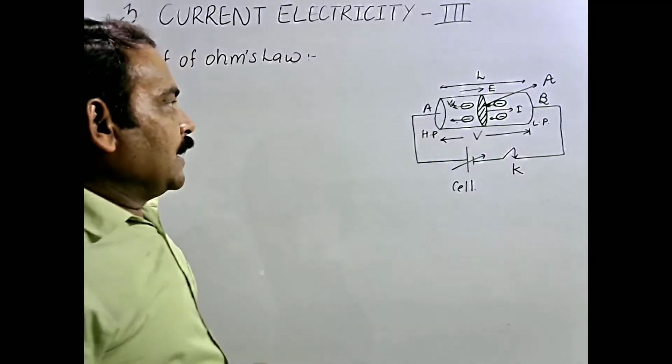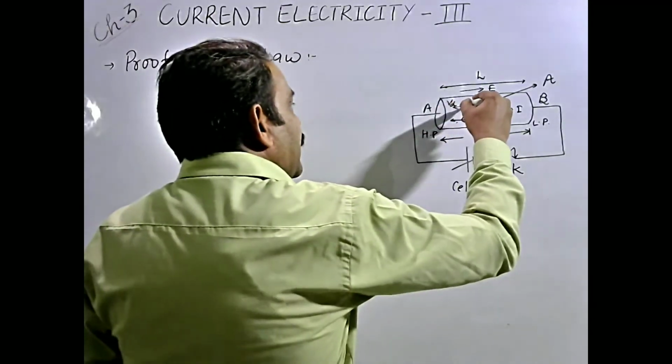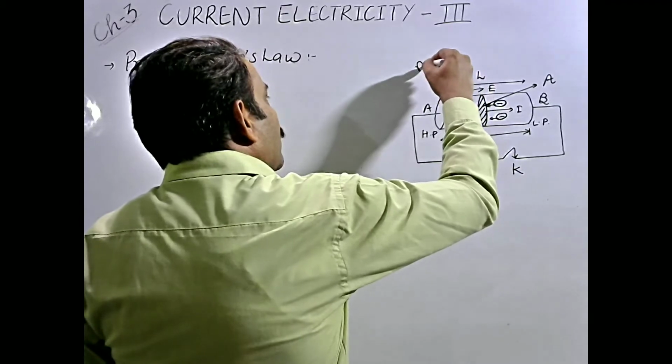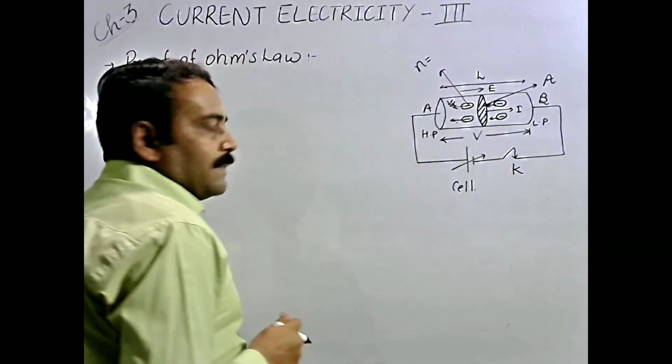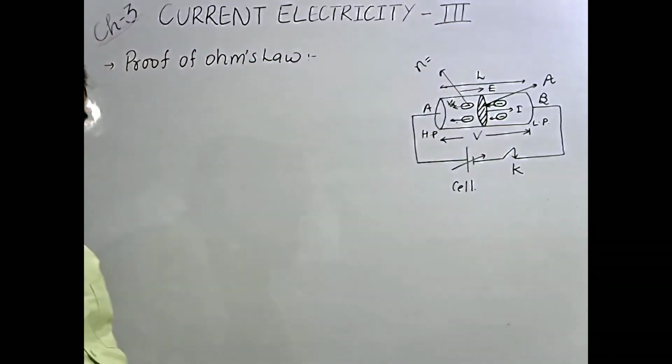Okay, suppose n is the electron density, the number of electrons per unit volume.